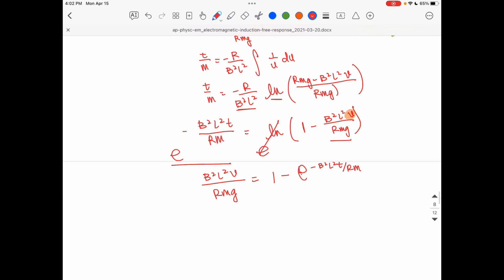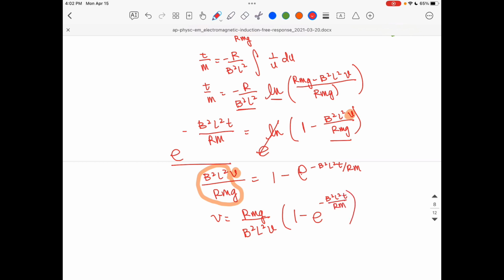And then all I have to do to isolate v is multiply by the reciprocal of this constant. And I know it's ugly, but it is supposed to be ugly. I've got RmG over B squared L squared times 1 minus e to the negative B squared L squared t all over Rm.